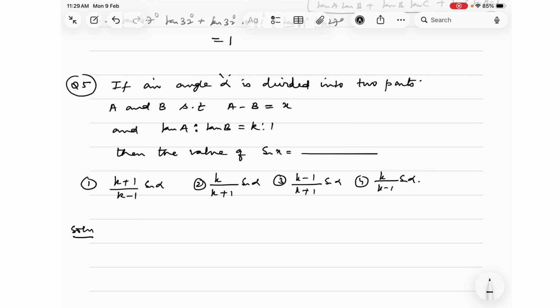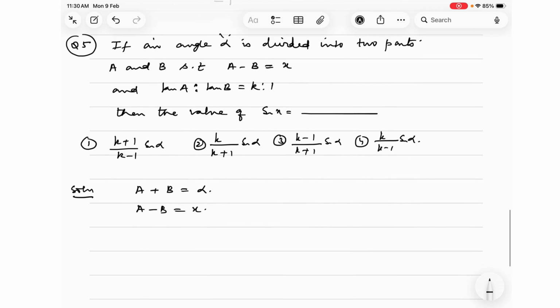Now what we do is, if an angle alpha is divided into 2 parts, A and B, it means A plus B is equal to alpha. Already they said A minus B is equal to x.